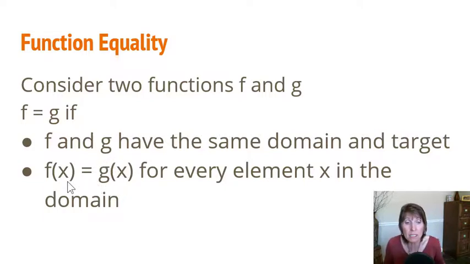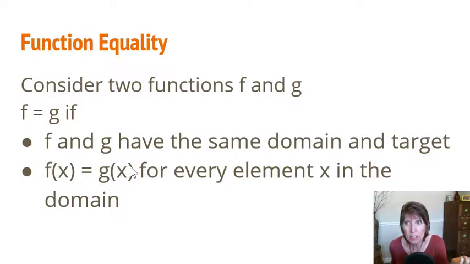What that means is each value in the domain produces exactly the same value in the target for both functions. So every element has to match, and that makes them equal.